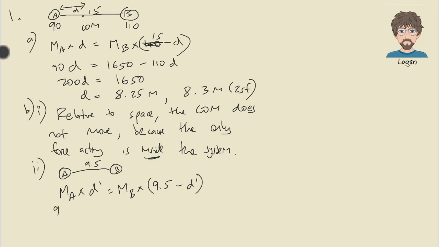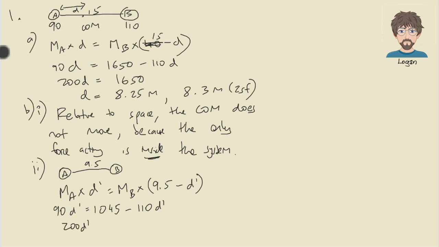So we get 90 D dash equals 9.5 times 110, 1045 minus 110 D dash.